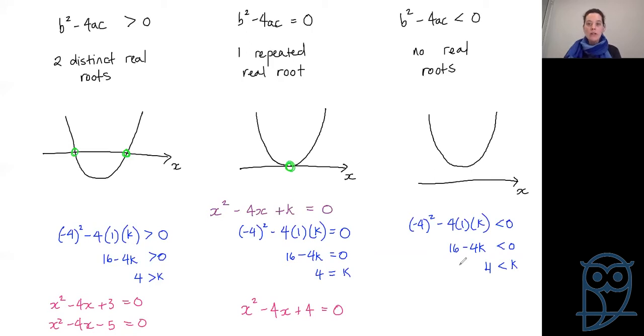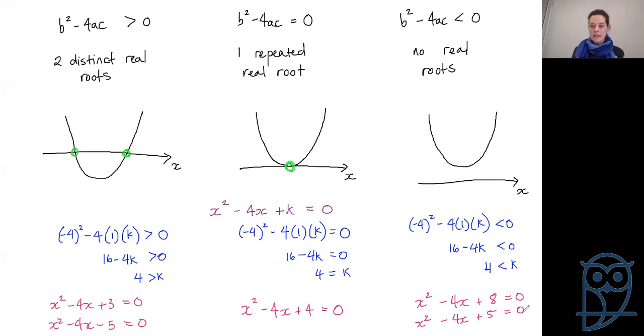On the flip side, what values of k would give us no real roots? If we had x squared minus 4x plus 8 equals 0, our k is bigger than 4, so we're going to have no real roots. If we had x squared minus 4x plus 5 equals 0, again k is bigger than 4, so we're going to be above that x-axis.